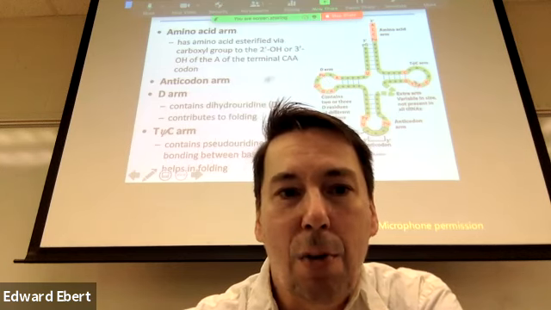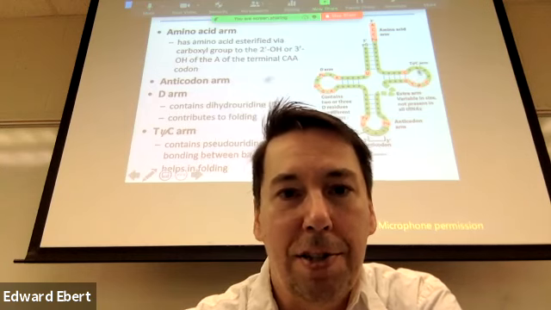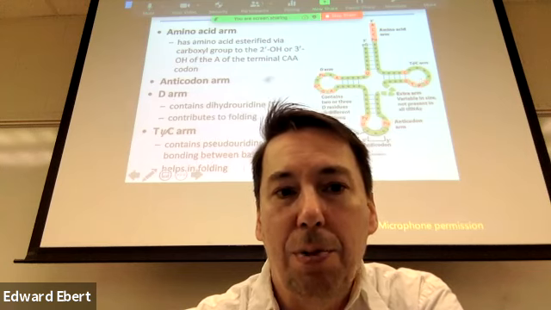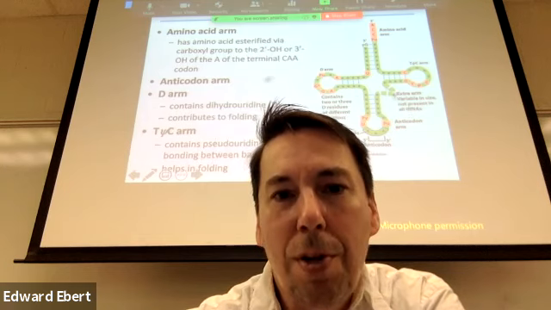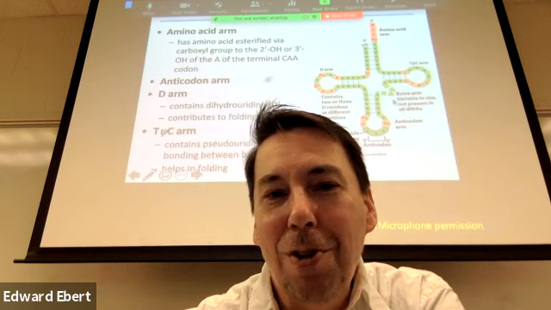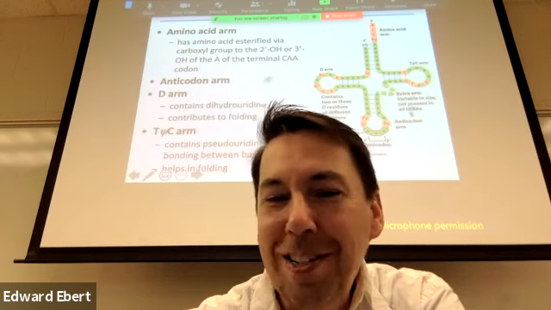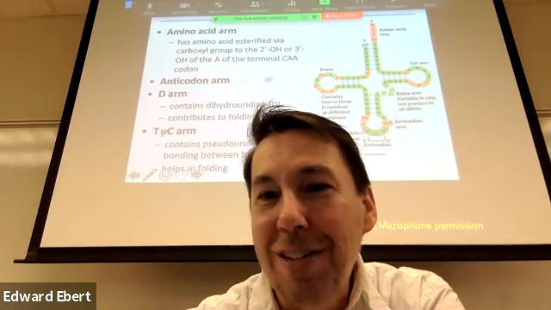We also have our T psi C arm, which contains pseudouridine, and again bonds between the bases and the ribose and helps in folding. And then we have this little extra arm that's variable in size. This little extra arm can play an important role, but it's not present in all tRNAs. So, we look at this and say, well, how much of this is really absolutely necessary?